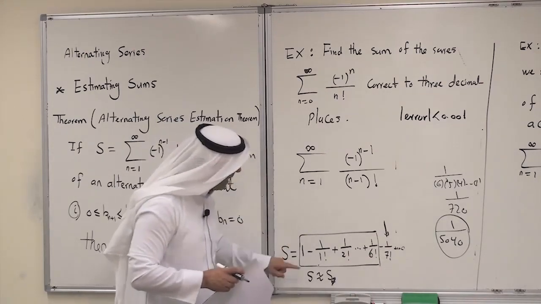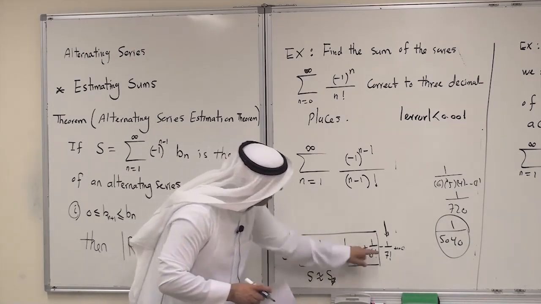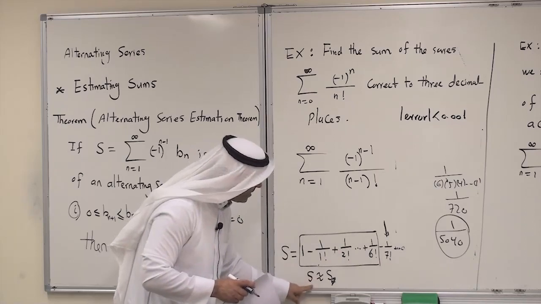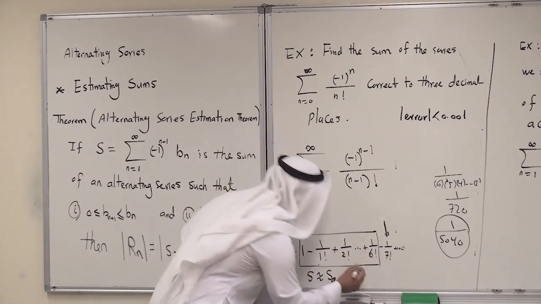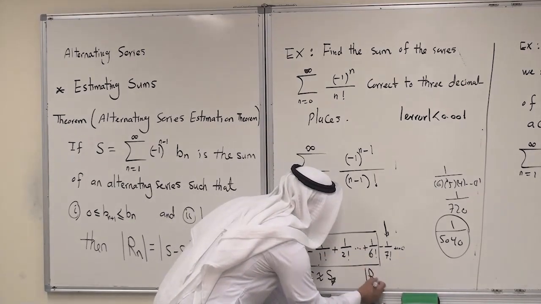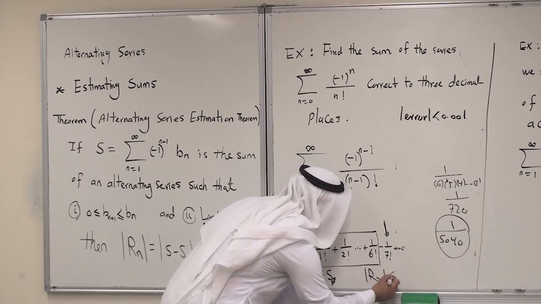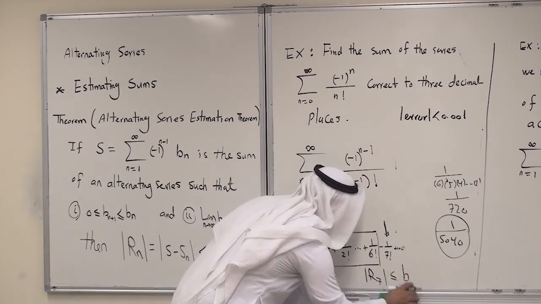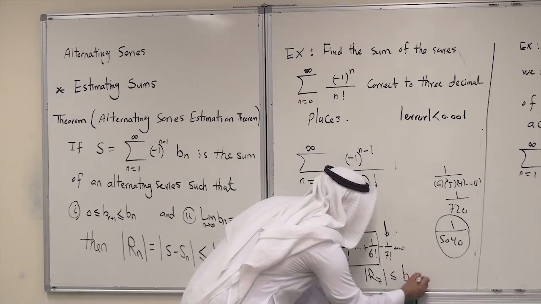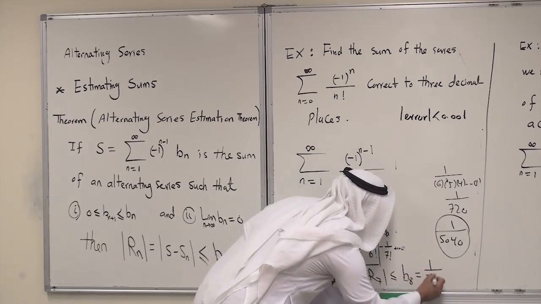So you are sure that R7 will be less than or equal to B8, which is actually 1 over 7 factorial, and that is less than 0.001.